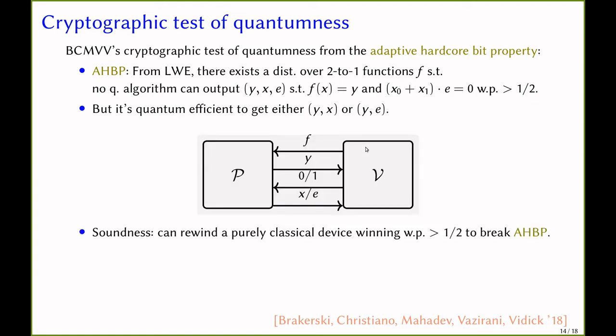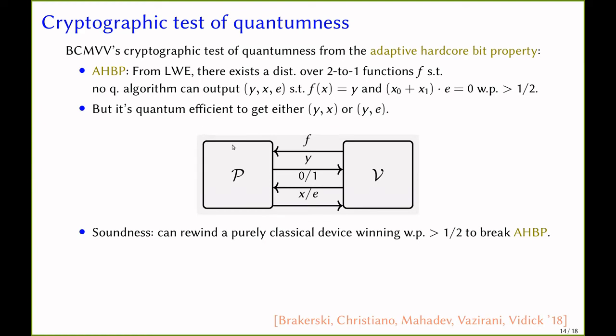With these observations, they give a cryptographic test of quantumness. Initially, the verifier samples a function f. The prover samples an image y and sends it to the verifier. After that, the verifier randomly chooses a challenge asking the prover to output the preimage or the equation.